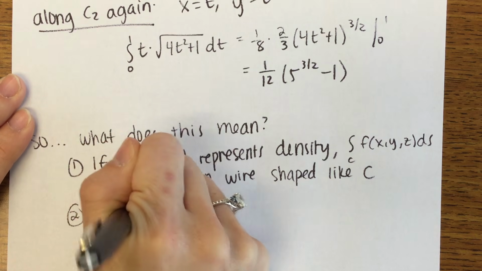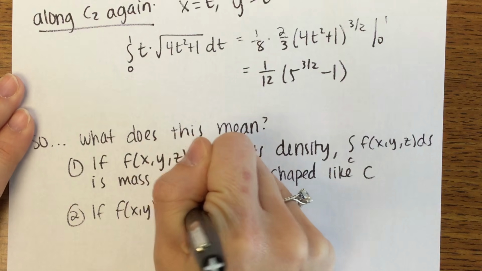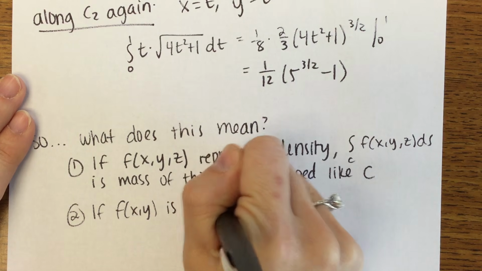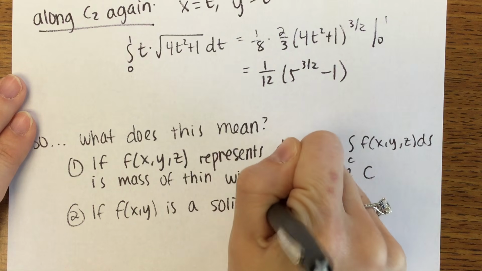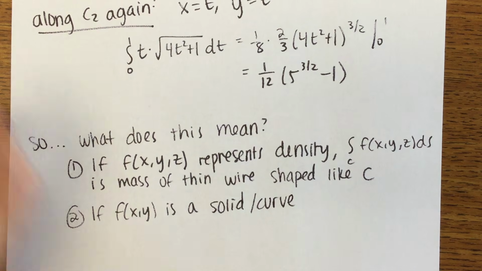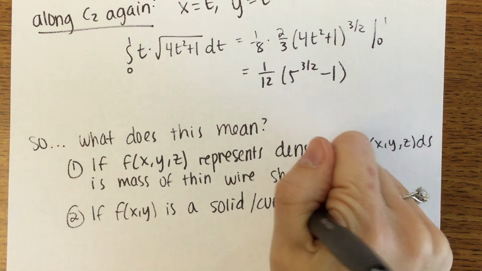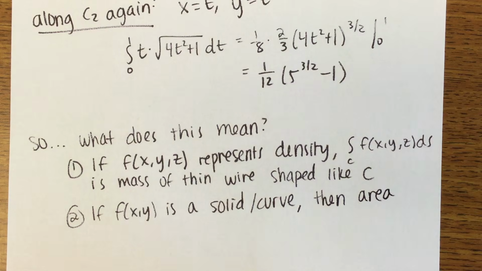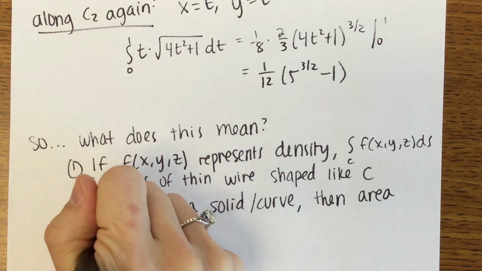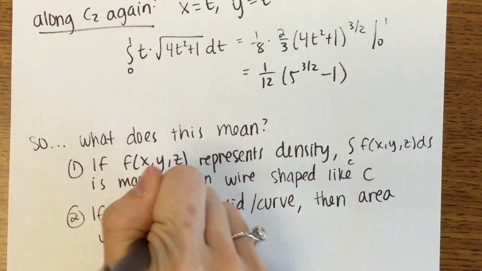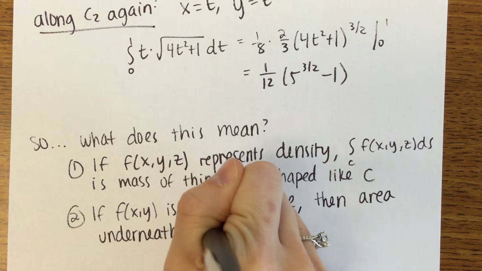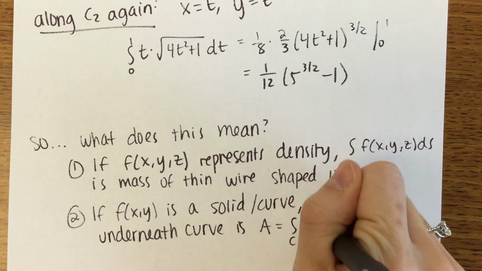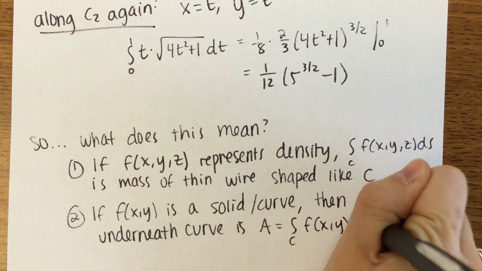Let's say that f of x, y is a solid or a curve. Then we can calculate the area underneath the curve by taking the line integral over the curve C of f of x, y ds.